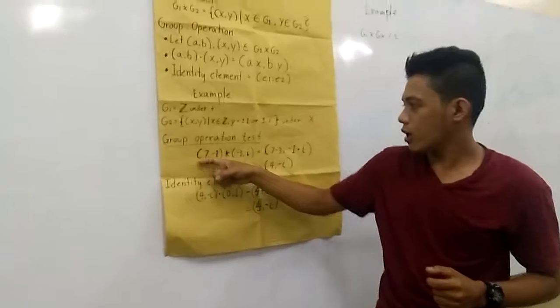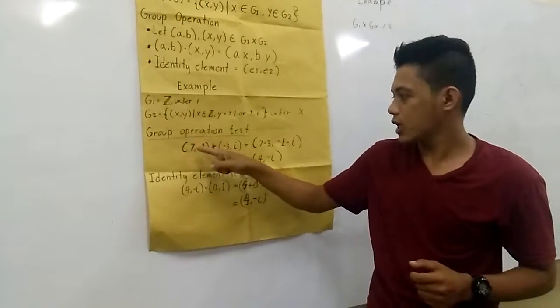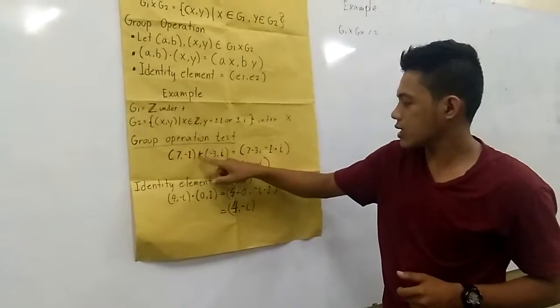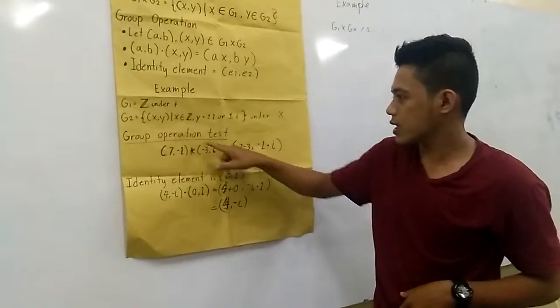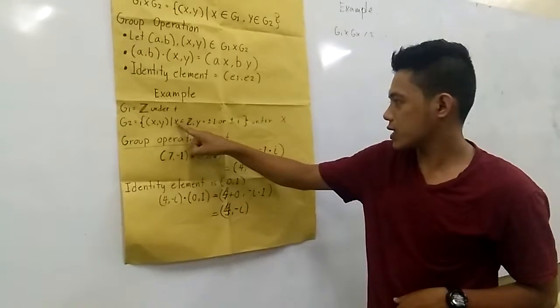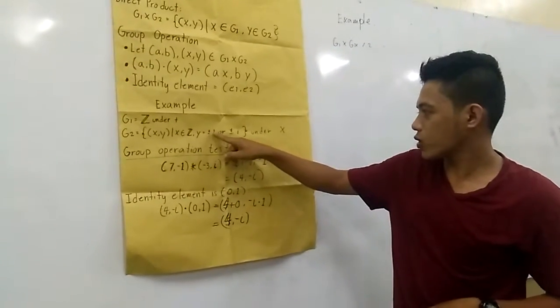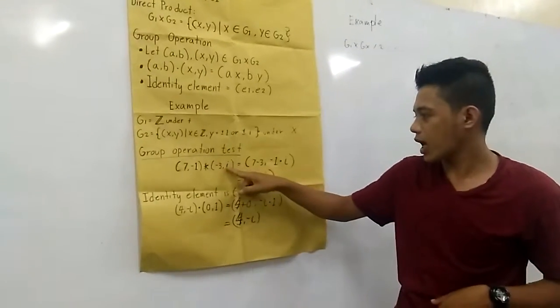Our x is an integer, so we have 7 and 1, and these are the integers. Then asterisk negative 3 and negative i, since these are group 1 and group 2. So y could be 1 or i.